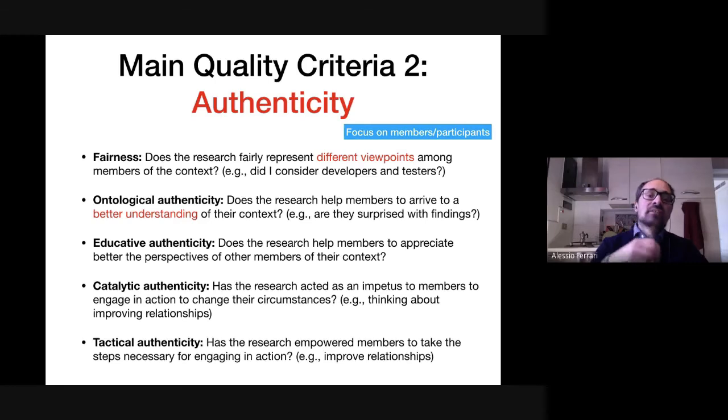So after they've understood that there was some problem, for example, in the relationship between developers and testers, do they feel the need to change this relationship? And then tactical authenticity. That means, are these people actually performing actions to improve their relationship?